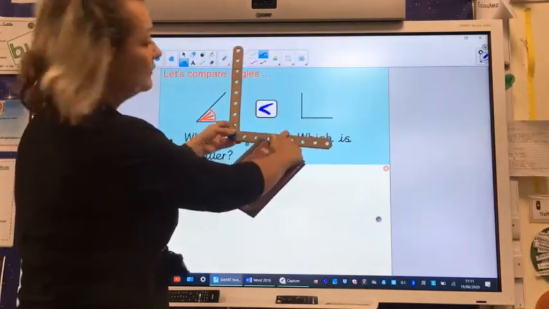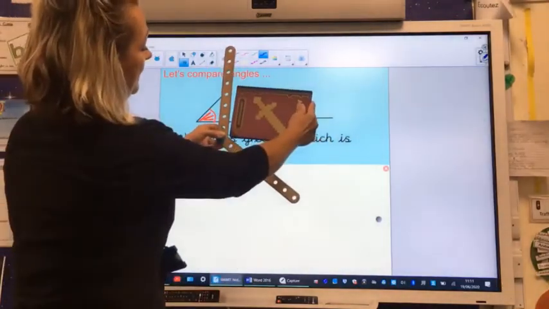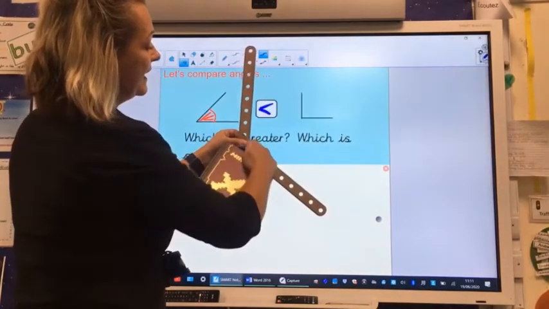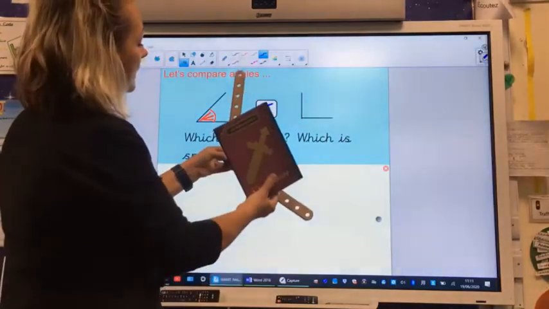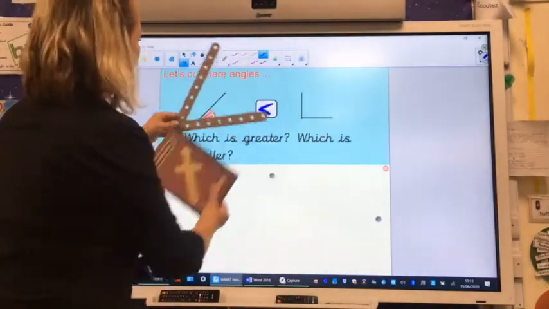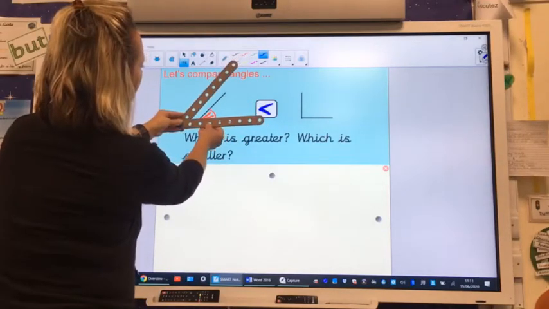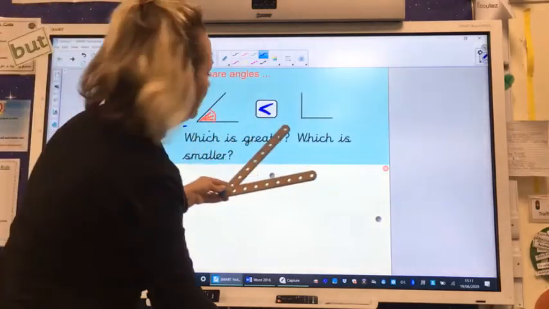If my angle was bigger, so my lines between were bigger, and I lined up my book, hopefully you can see that actually the lines are bigger than a 90-degree angle. I want to show you then, if we look at this angle here, that looks roughly about the angle shown by my lines on the screen.